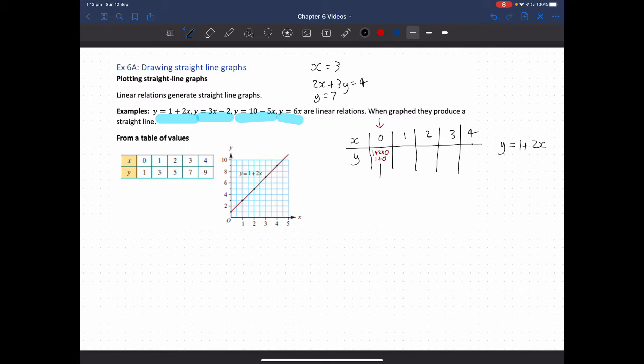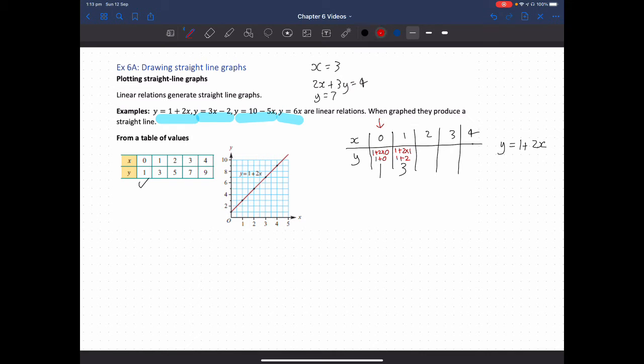That is where we get the 1 in the first column of our table. Now, I'm going to substitute in the 1. 1 plus 2 times 1, which is 1 plus 2. 1 plus 2 gives us 3.